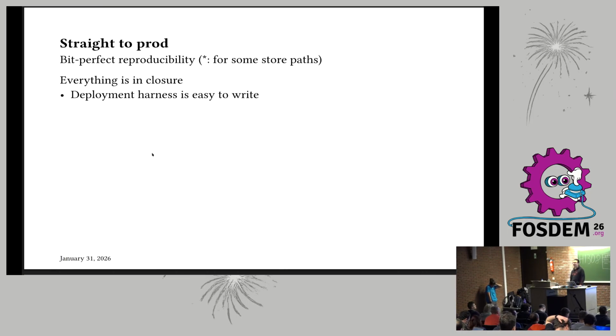So for non-bit-perfect store paths, for example, I believe OCaml programs are not bit-perfect reproduced because somewhere during the compilation stage, the tags for the types you're going to strip in the library and header files will change, because that part is non-deterministic on the OCaml compiler side. So that's a portion of why it's not 100% reproducible. But if that one gets addressed upstream, it should be.